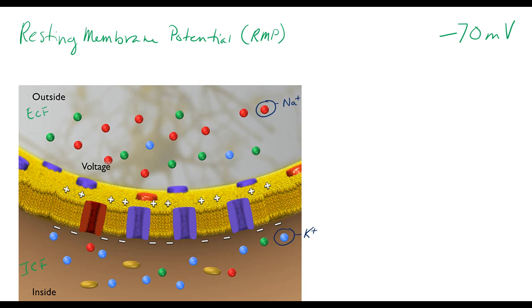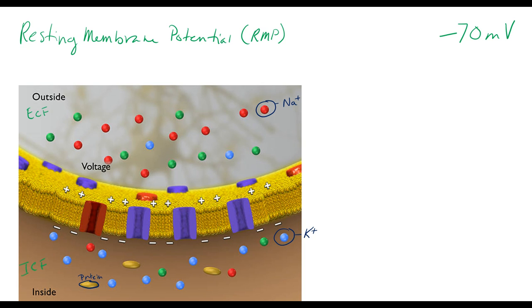Now you're probably looking at this going, if there's a bunch of positive ions inside the cell and a bunch of positive ions outside the cell, why in the world is it more negative inside the cell than outside? Most of that negativity has to do with these orangey, goldish, yellow things, and those are proteins.